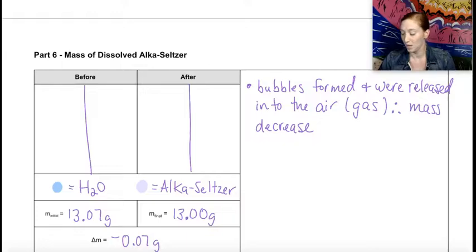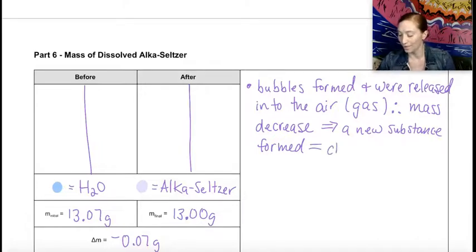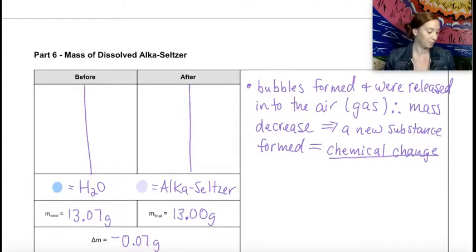Okay. This also tells us that a new substance formed, which again equals a chemical change. Okay.